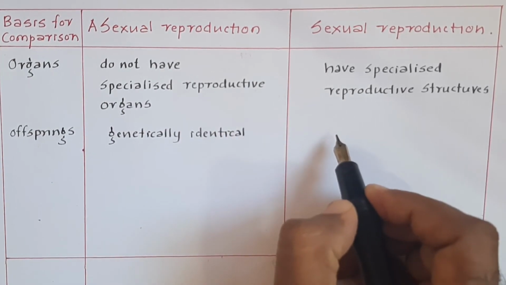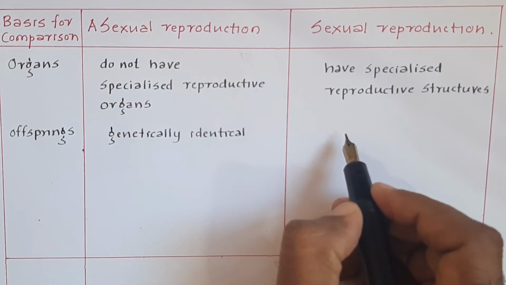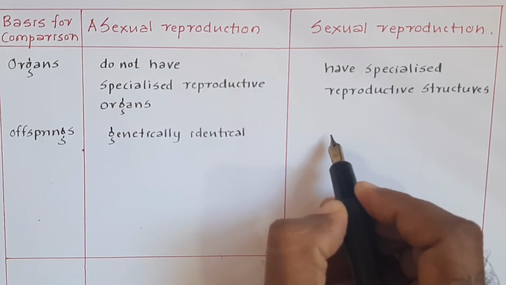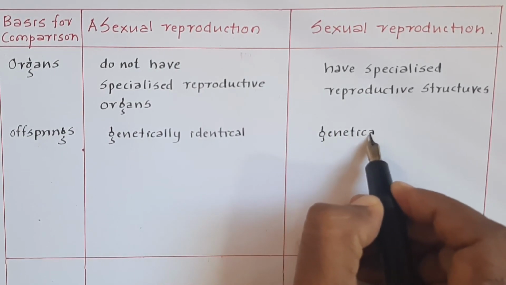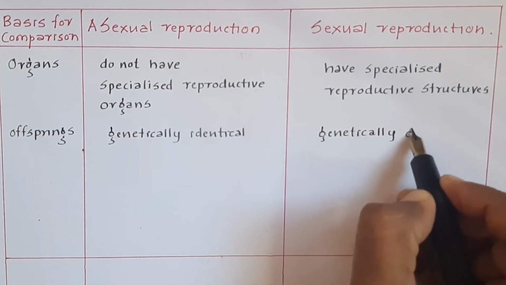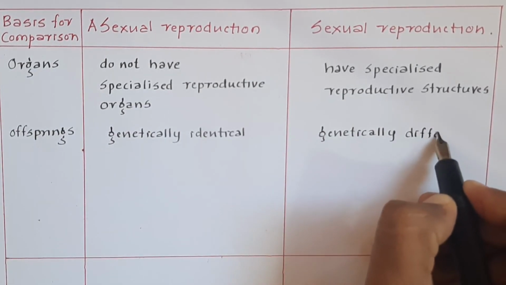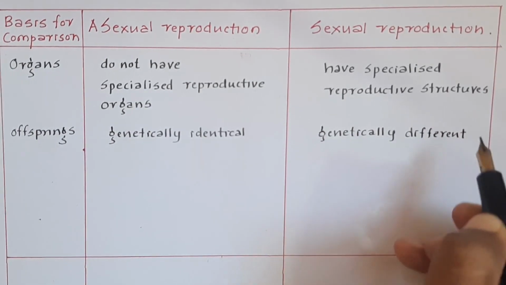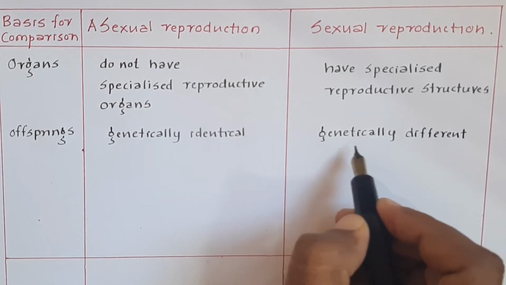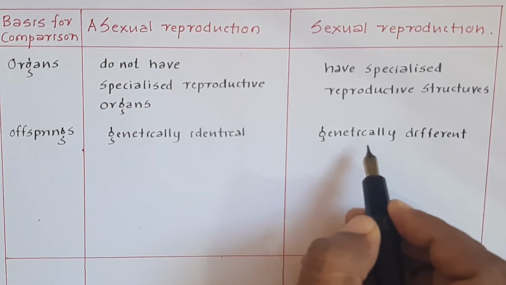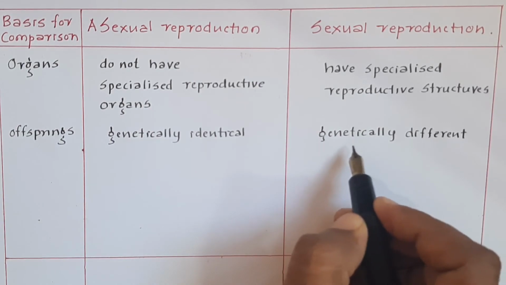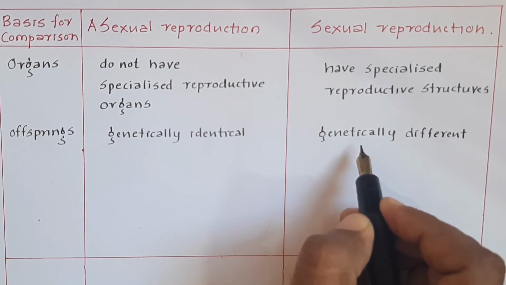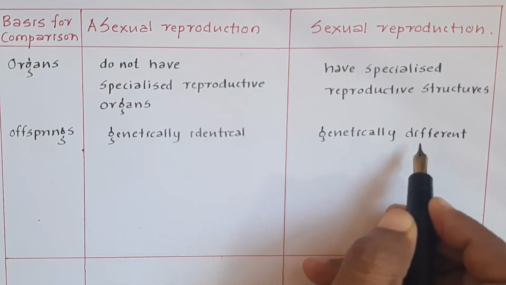But in case of sexual reproduction, offsprings which are produced are genetically different, because here exchange of genetic information takes place between two parents. That is why the offsprings produced during sexual reproduction are genetically different.